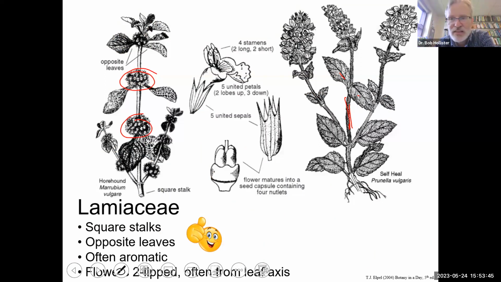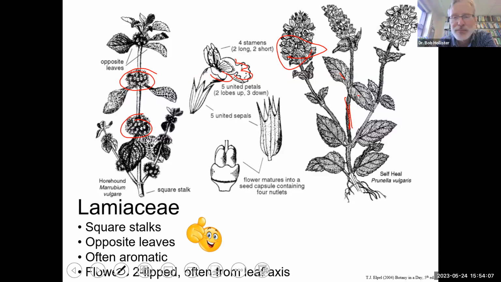Okay, there's plenty of them that are terminal. Most plants are terminal inflorescence. They oftentimes smell good. And then they oftentimes have the petals fused, and they'll tend to have 2 up and 3 down.